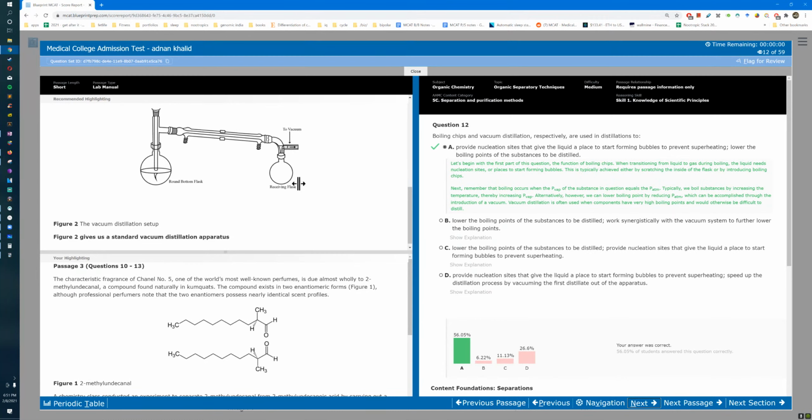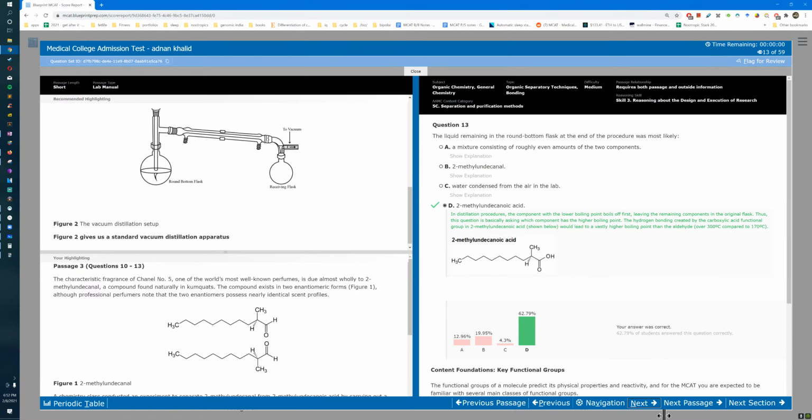But if you introduce a vacuum here, you're basically reducing the atmospheric pressure. For instance, if there was liquid here, anything above that would be vapor pressure, and if this was connected to the outside, it would be atmospheric pressure pushing down on it. I can talk about this more next time. The vacuum just takes out the atmospheric pressure, so it's lowered, and the boiling point would just be lower, basically.